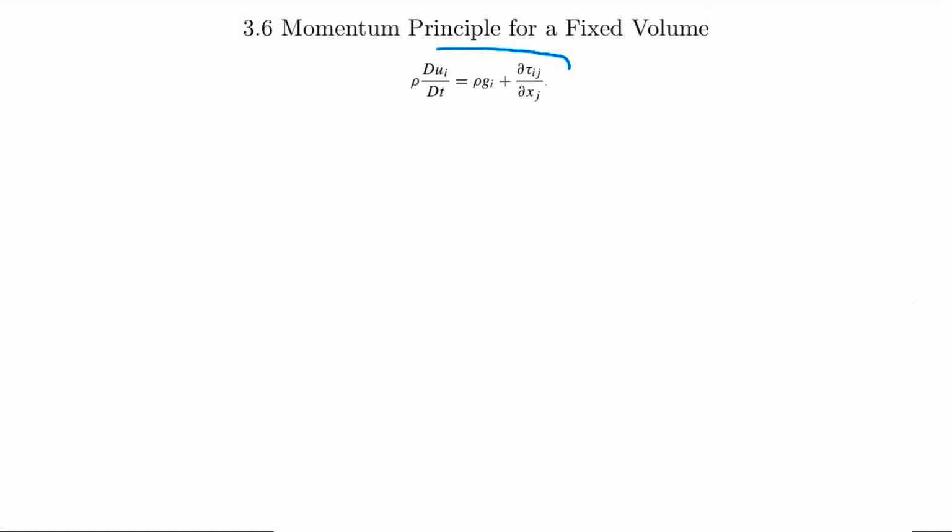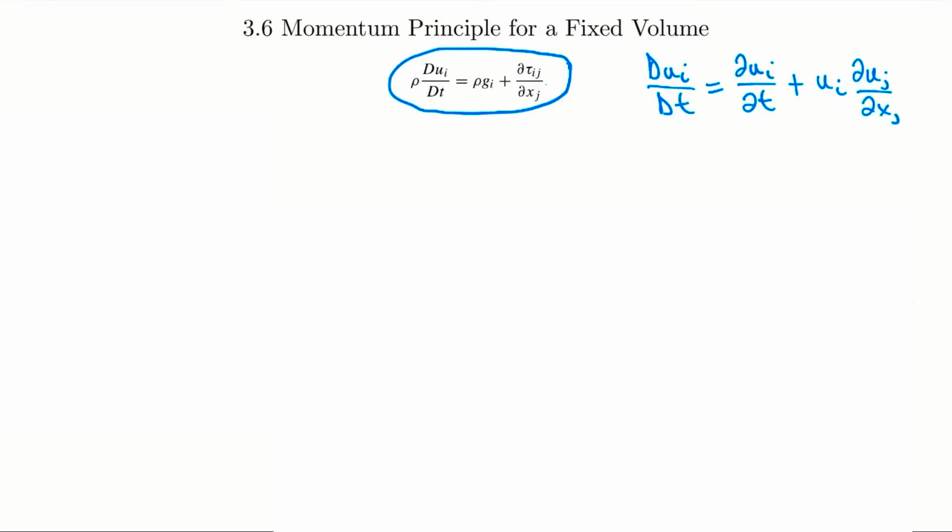So this is what we just derived above, differential form for the very general case. I'm going to write out our material derivative. And it's multiplied by density, so we would have it like this, multiplied by density here. We can multiply the continuity equation by ui.